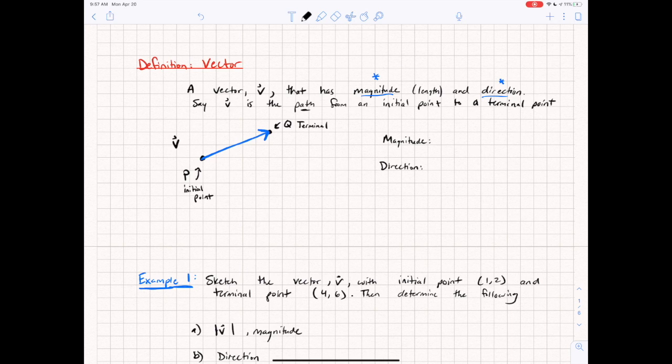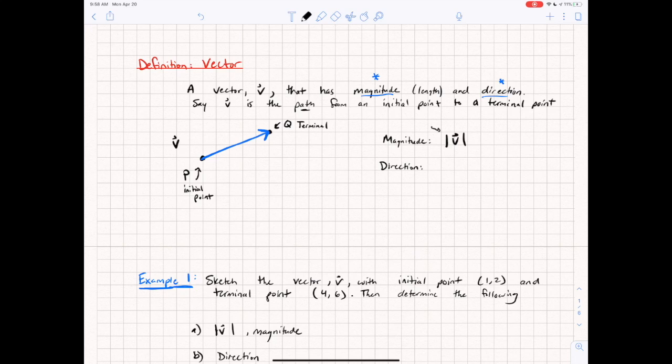Now, its magnitude is going to be the length of this vector, and is actually notated using the absolute value signs, like so. You'll also notice when I notate a vector, I'm going to use an arrow above my letter. Generally in textbooks, the v, your vector, is bolded, but it's really hard here when I'm writing to tell if it's bold or not. So I'm always going to use this arrow for it.